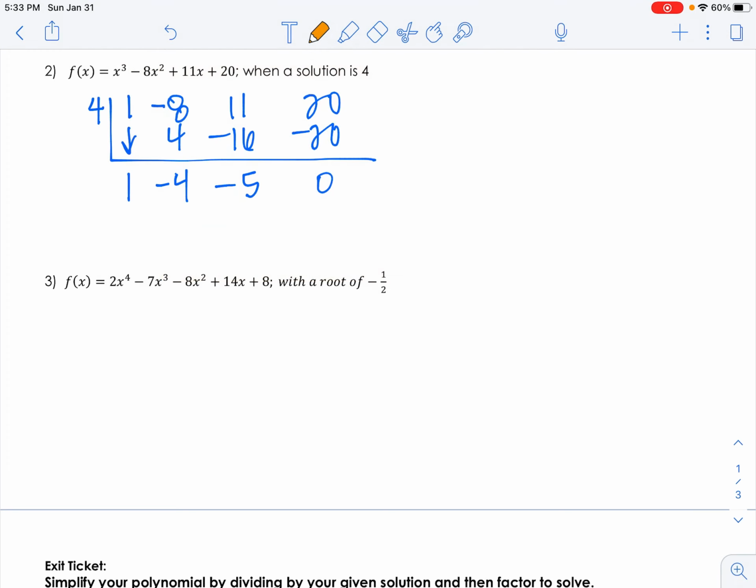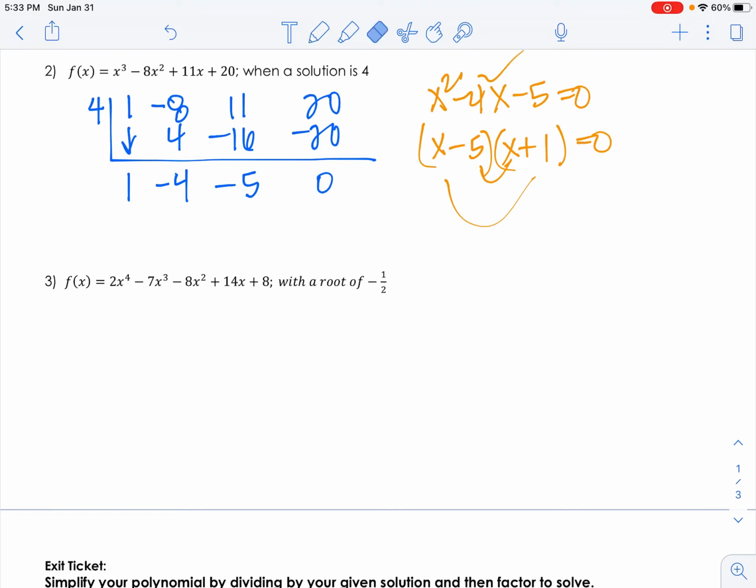Multiply and add. Now I have x squared minus 4x minus 5 is 0. Get x and x. It has to be 5 and 1 in order to multiply. Negative 5, positive 1 will get negative 5x, positive 1x, which is negative 4x.